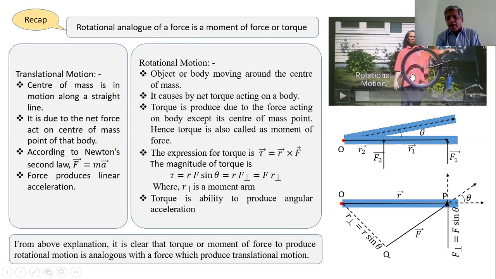That means every particle has a different linear displacement but the same angular displacement. Such a type of motion is called rotational motion.